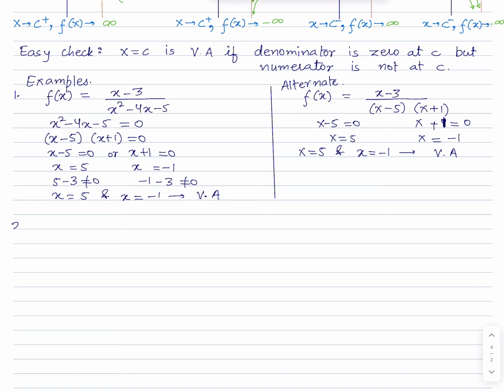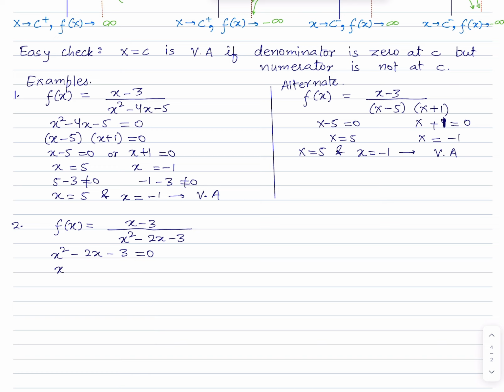Another example, f(x) equals (x minus 3) divided by (x square minus 2x minus 3). So you set your denominator equal to 0, find those points.